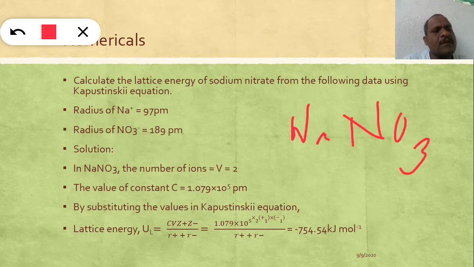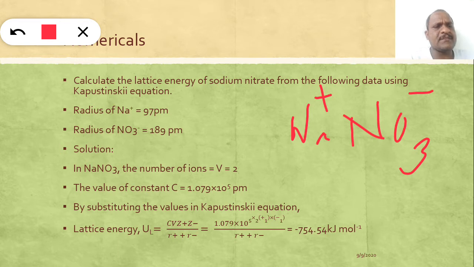Here in this ionic compound, Na carries a positive charge and NO3 carries a negative charge. The radius of Na+ is 97 picometer and the radius of NO3- is 189 picometer.